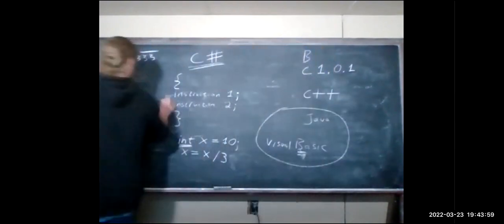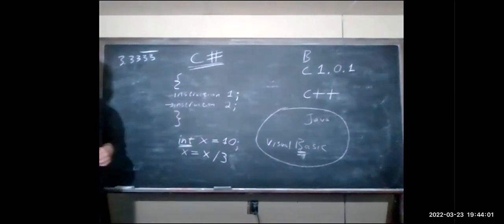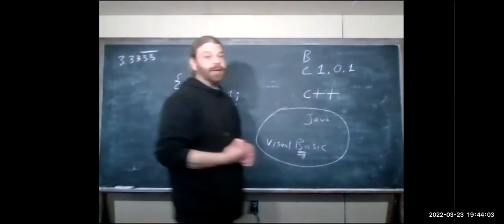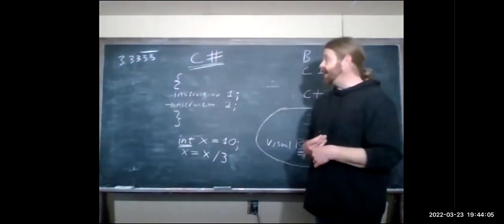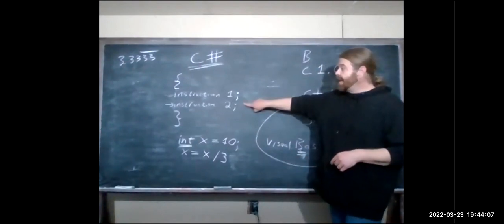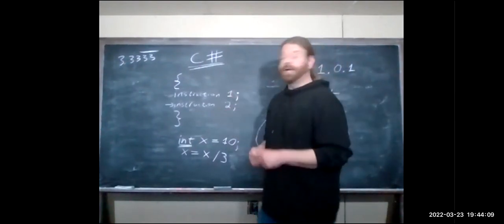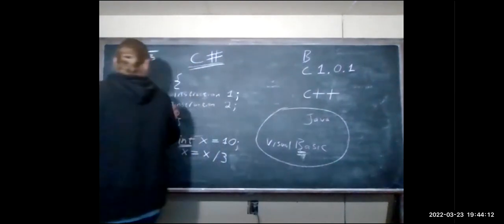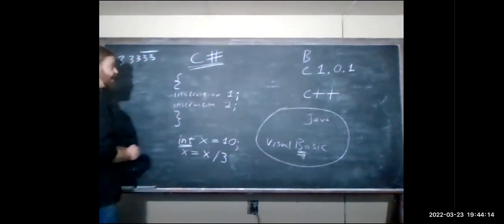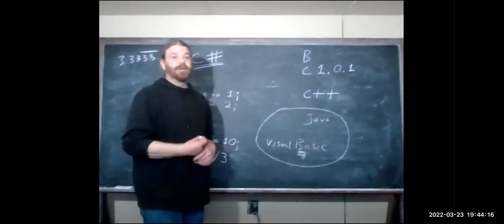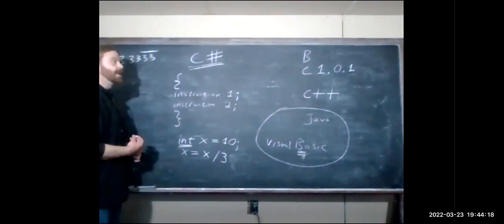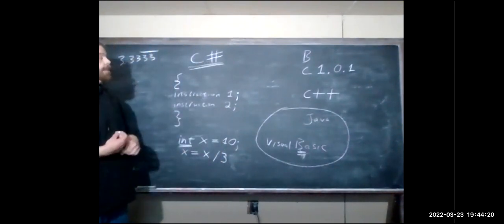Then it comes back, grabs the second instruction, translates that, runs that. And the third line, and does it one line at a time. If there's a block, a bunch of indented stuff, it grabs all of those, it tries to compile those so it can use them. But C# is a compiled language.